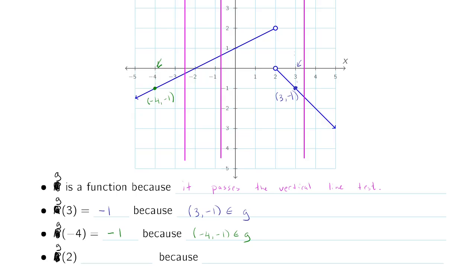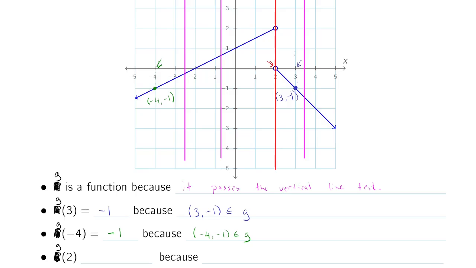Now something weird happens again when we try to take g of 2. We find the 2 on the x-axis, and then we look at that vertical line, and what we discover is that actually there's no point on the graph that's on that vertical line, right? Those two empty dots do not represent points on the graph.